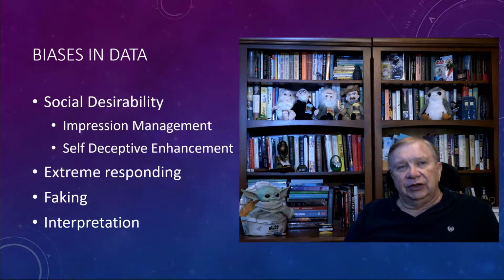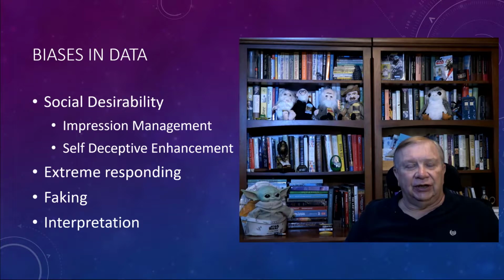Now, sometimes you get people who respond in an extreme way. You give them a 9-point scale and they only answer 1 and 9 for everything. That's a bit harder. Do they really have that extreme of scores on personality, or are they just faking out the questionnaire and trying to get it done as quickly as possible?